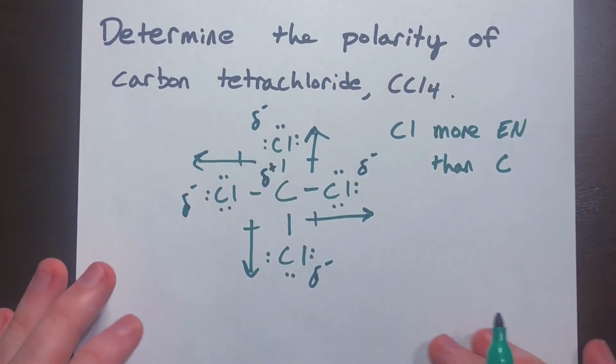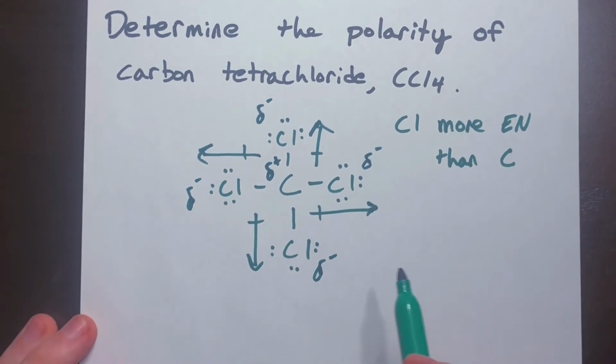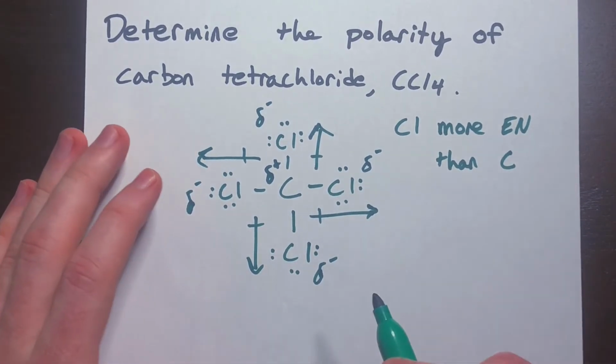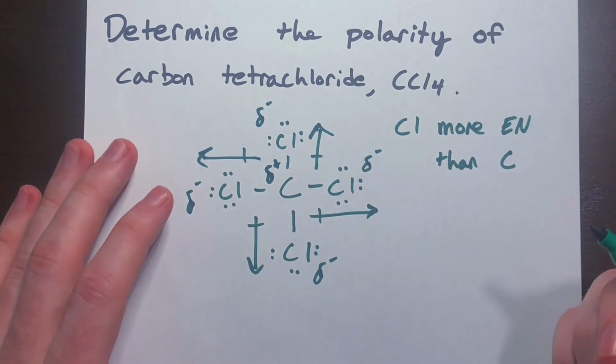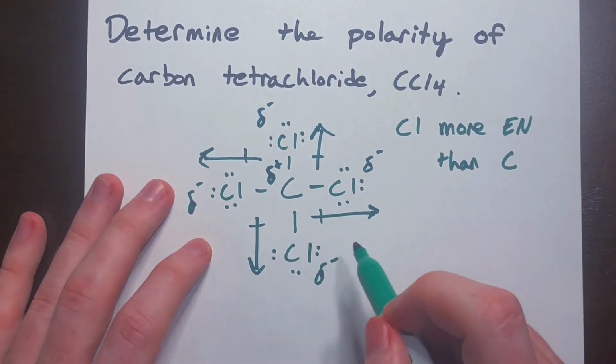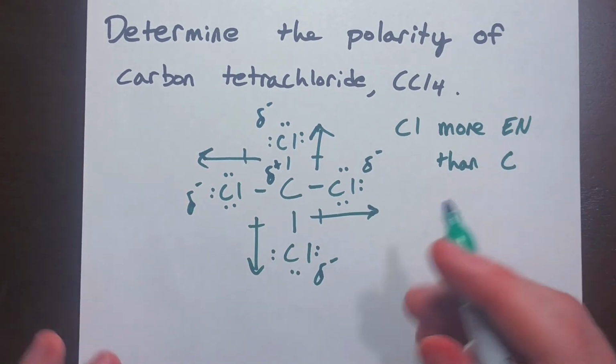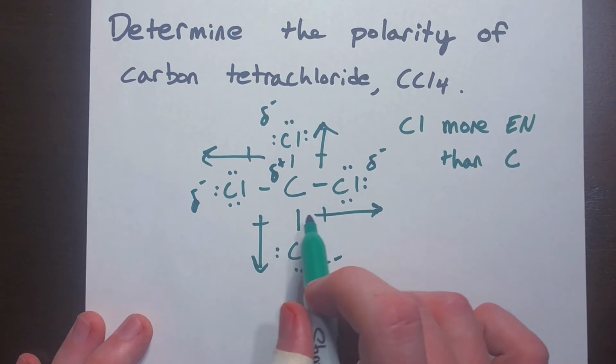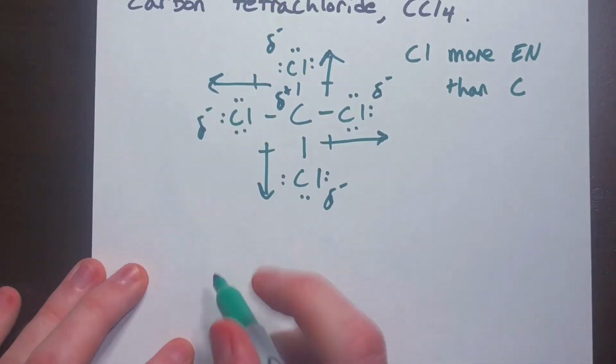So this looks like a mess now, because there's a lot of atoms in this particular molecule. But all you have to think about to determine if the molecule is polar is add up these vectors. Whenever you add a vector, you just add up the tip to tail. So let me illustrate my point here.